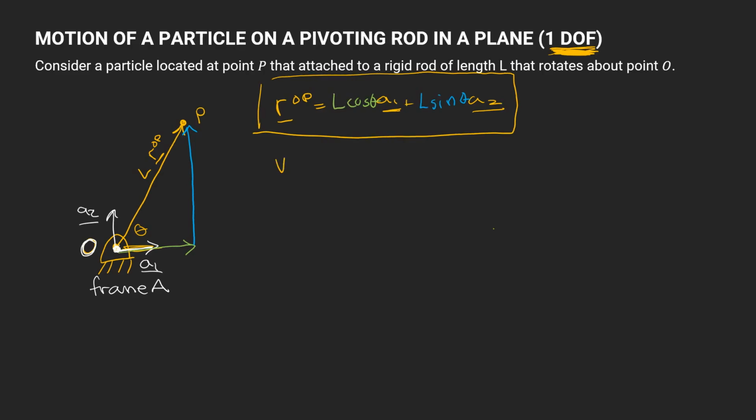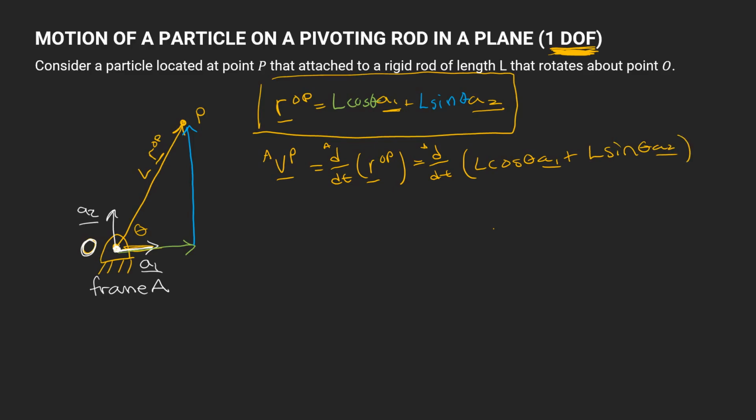Next, we're going to calculate the velocity vector of point P in frame A, which again is the time derivative of the position vector in frame A. And so just to quickly write that out here, we have L cosine of theta A1 plus L sine of theta A2.